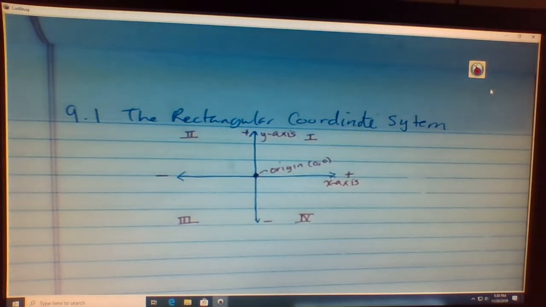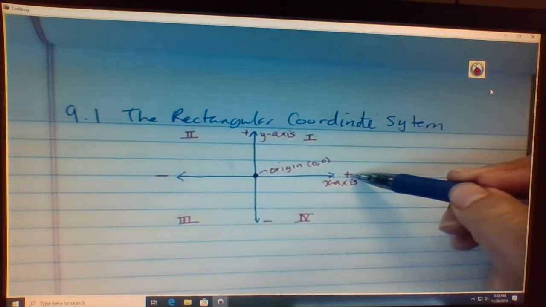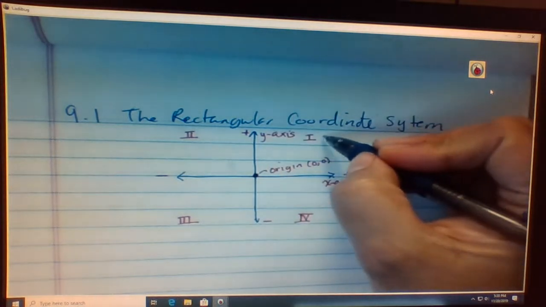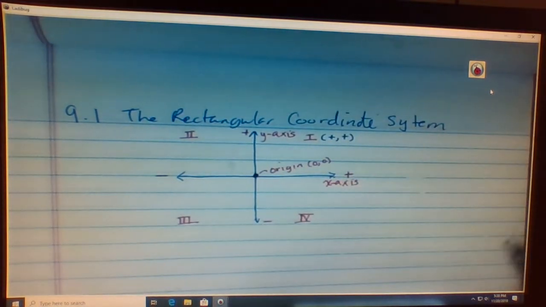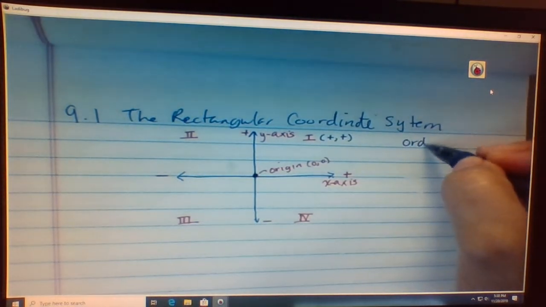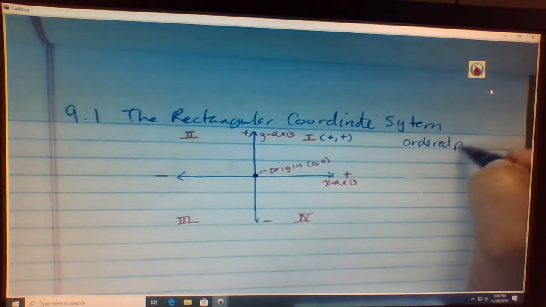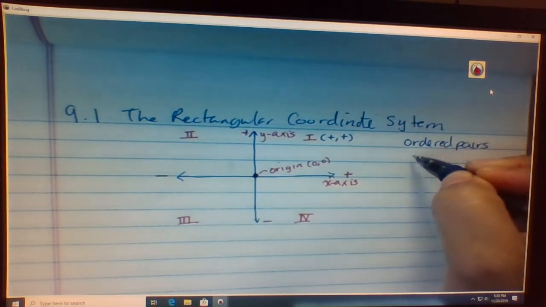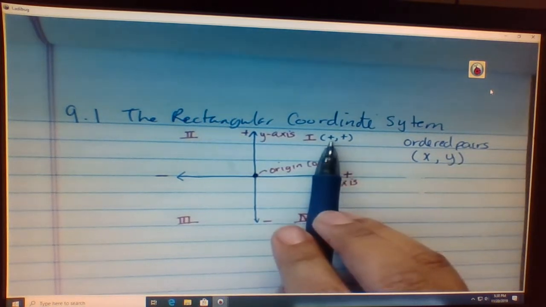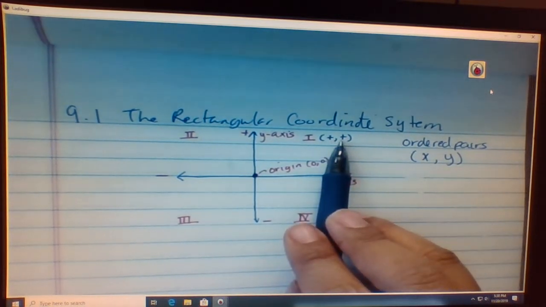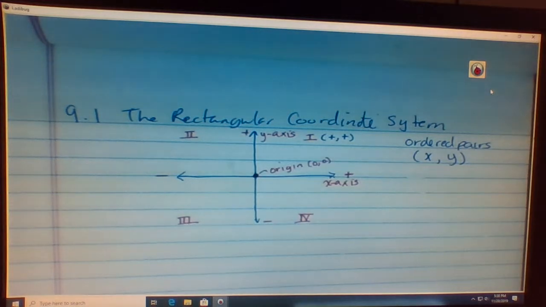In quadrant 1, both your X and your Y are going to be positive numbers. And before I do that, ordered pairs consist of X, comma, Y. So the first one's going to be your X, your second one's going to be your Y. Positive, positive.